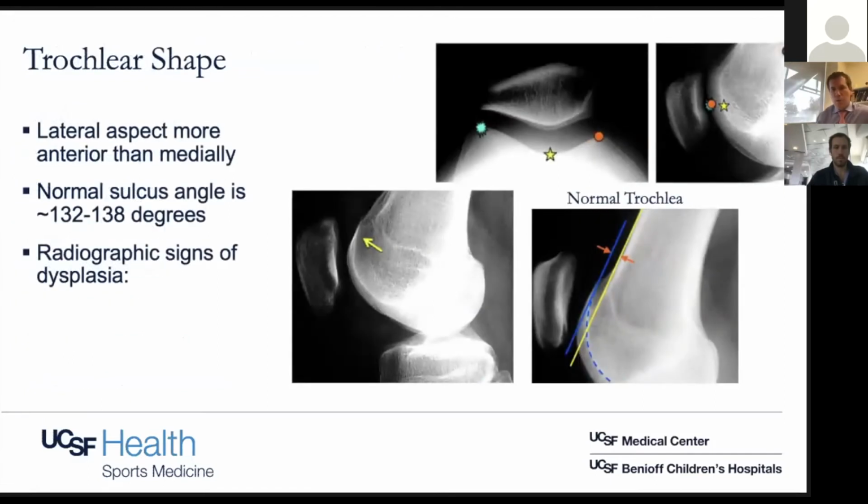So kind of going through these, one important one is the trochlear shape. The normal trochlea should have a lateral aspect that's more anterior than the medial side, so the lateral side is higher. And then we'll talk about the sulcus angle, the angle formed by the trochlea, and normal is about 132 to 138. Does anybody know some of the radiographic signs of trochlear dysplasia?